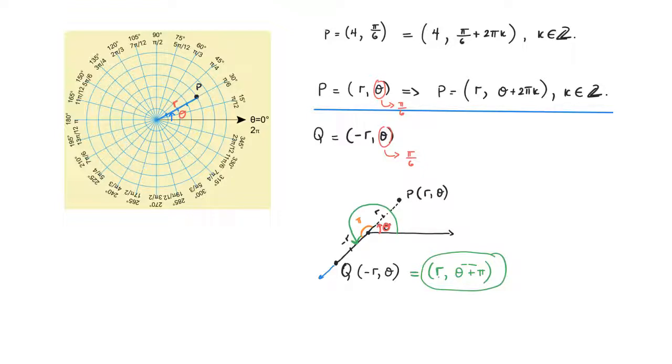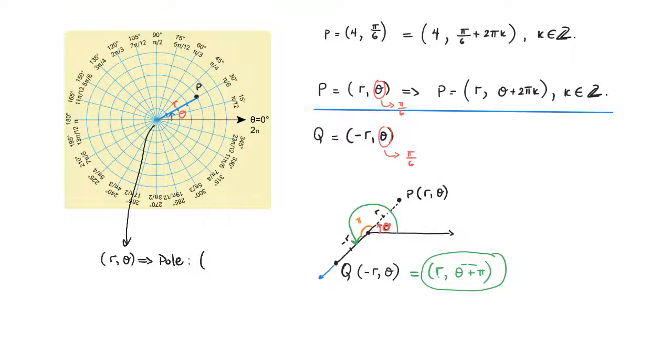Before I continue with examples, however, why don't we note what the coordinates of the pole are? After all, the pole is a point. So remember, in polar form, a point has coordinates r, comma, theta. So for the pole right here, if I want to denote its coordinates, r is going to be 0 because we are at the pole.